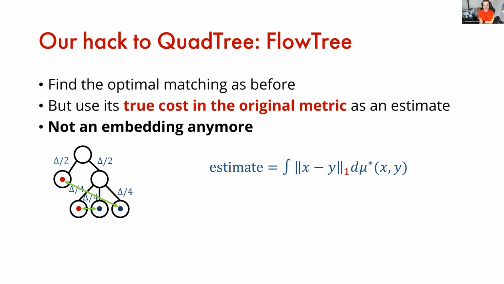But now, because we actually use the original Euclidean distances, and they do not match exactly these tree distances, it's not an embedding anymore. And this is a little bit of a problem, as we will see later. But on the positive side, we hope to be much more accurate, because we will use the tree just as guidance on how we should match things, but we will be computing the costs of the real thing.